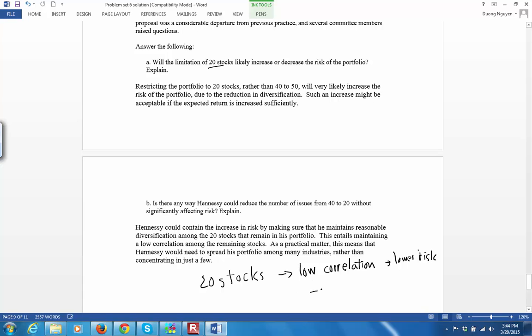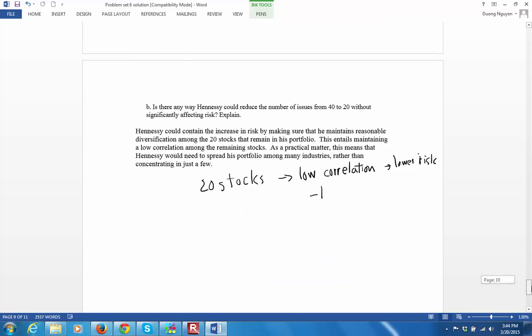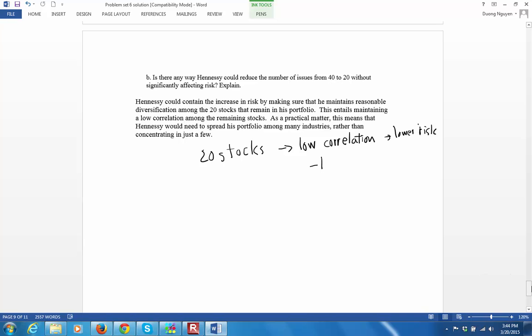The lower you can get, down to -1, the better for the portfolio. So if you are able to choose stocks that have very low correlation, you should be able to lower the risk of the portfolio even if you have only 20 stocks. It's very important that when you diversify the portfolio, you choose stocks that have low or negative correlation.